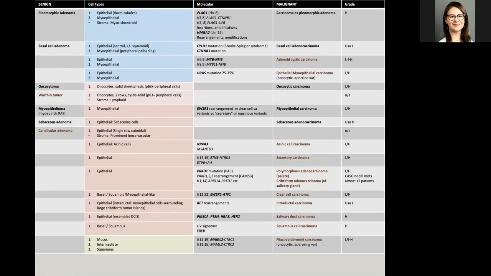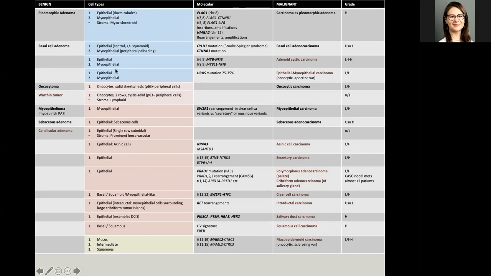You meaning me, right? And then we like to look at the number of cell types in the tumor. One of the most helpful things for diagnosis of salivary is, does it produce a single histologic cell type? Does it produce both of the salivary gland cell types, classically being the epithelial and the myoepithelial cells, right?